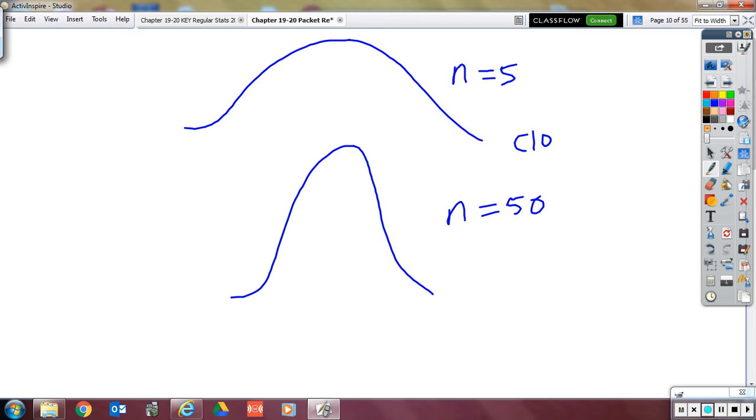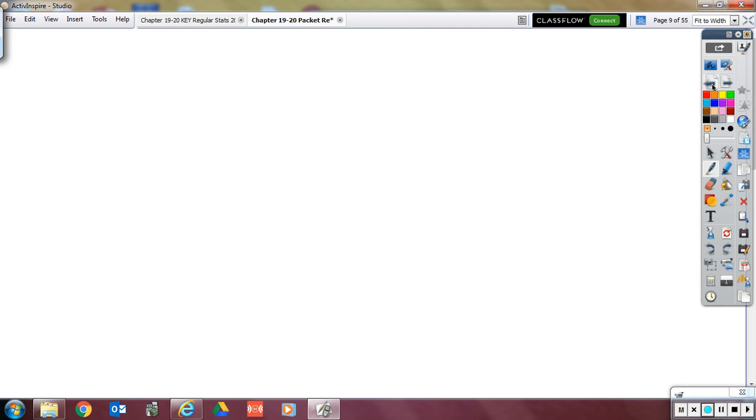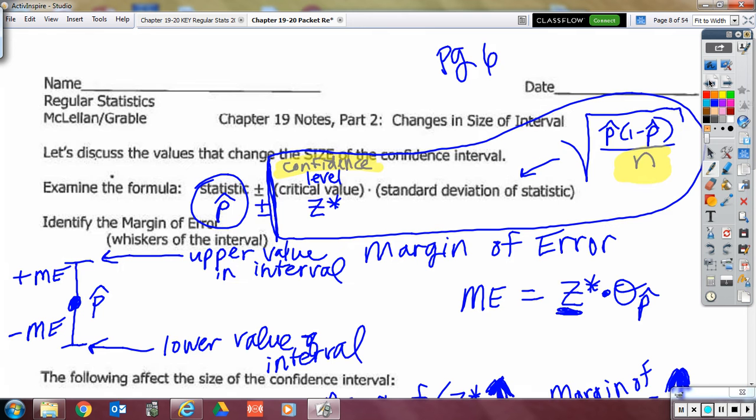So closer to the center, less varied. If it's less varied, what is another key thing for that? Smaller what? Yep, smaller standard deviation. This is just a discussion. We've already seen this. As we have bigger samples, we have smaller standard deviations, and that summarizes this right here.